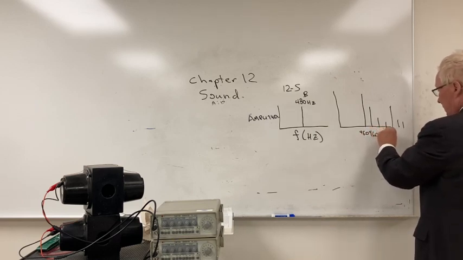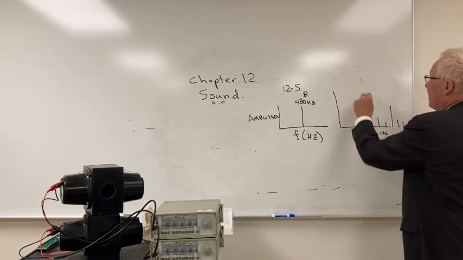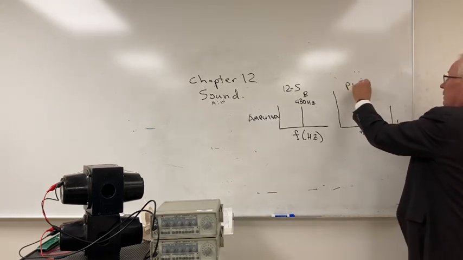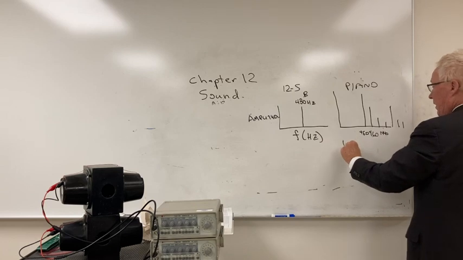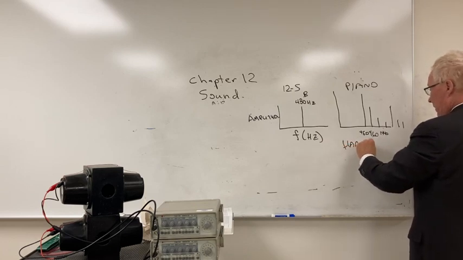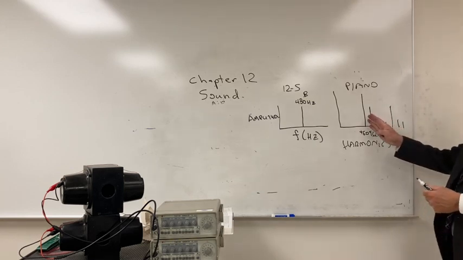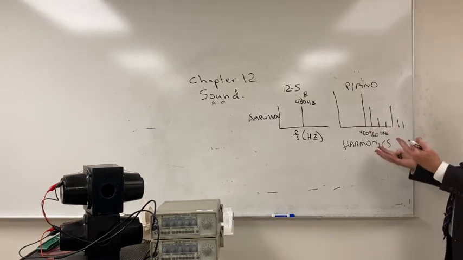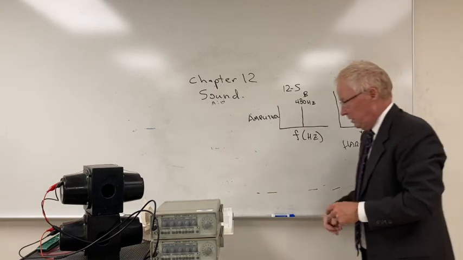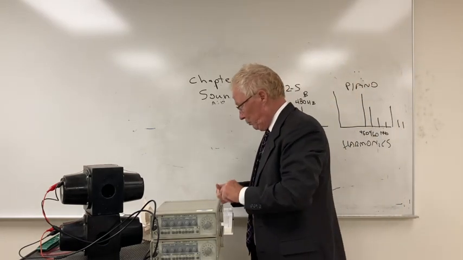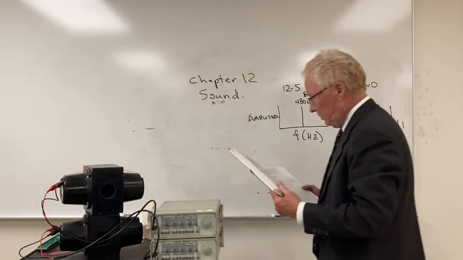1440, and so on. So you have a piano that has harmonics that combine together in just the right frequency and amplitude to give that classic piano sound. The text shows it pretty well as far as that is concerned.